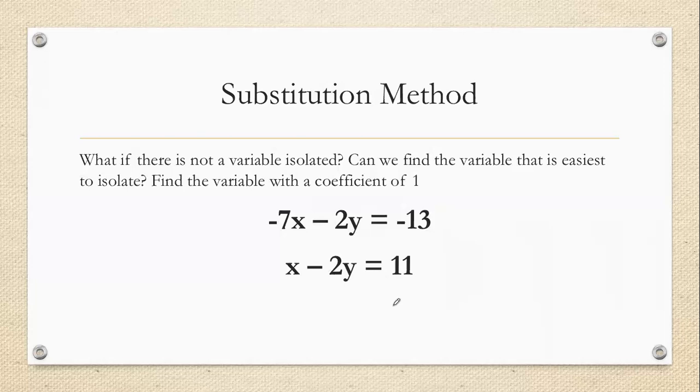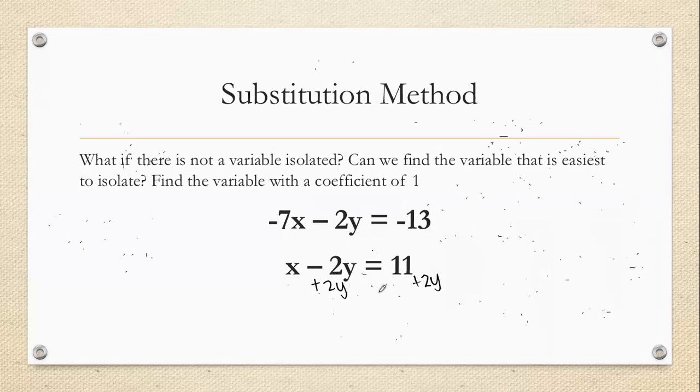Is there a variable that has a positive 1 coefficient? Which one? X. So the x in this equation has a positive 1 coefficient. So if I wanted to isolate this, meaning I want to get rid of the minus 2y, how would I do that? You would make it an x equals equation. How would I make it an x equals equation? Add 2y to both sides. Yes.